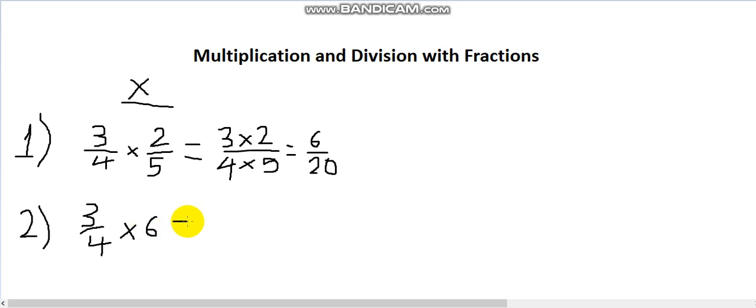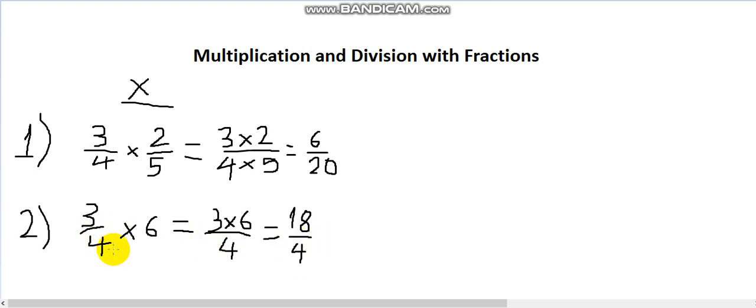What I do now is I multiply the number, so the 6, with the numerator, and the denominator stays the same. So 4 is going to stay 4. And on the top, I'm going to multiply the numerator, 3, by 6, by the whole number. 3 by 6 is 18 over 4.